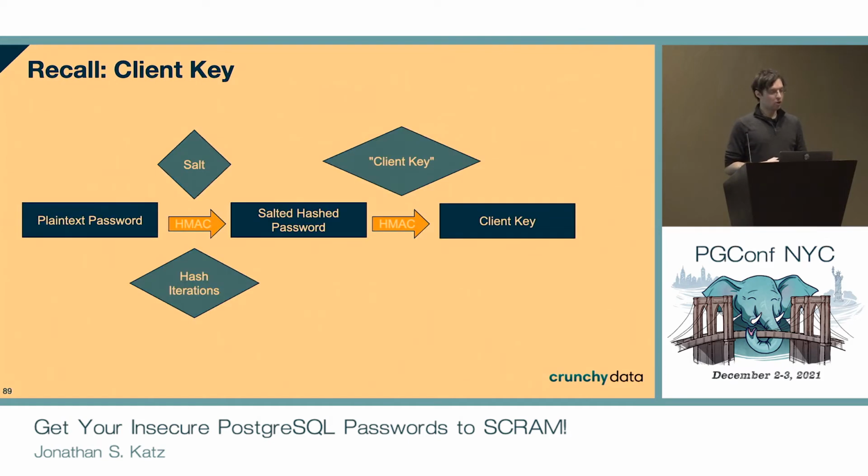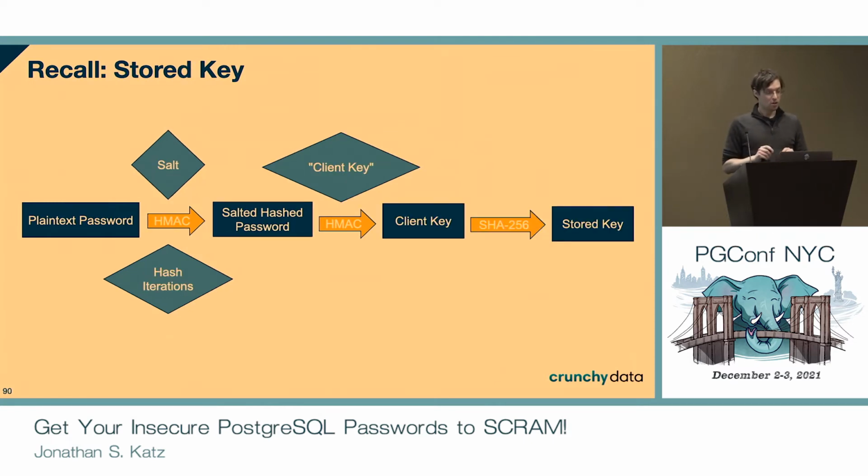Before we proceed, recall we generated something called a client key before. The client key was an HMAC on a message of client, literally the string client key, exactly like that, with the salted hash password. And recall that the stored key that we ultimately saved in Postgres was a SHA-256 sum of that client key.